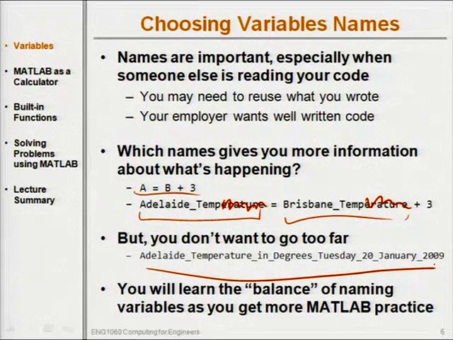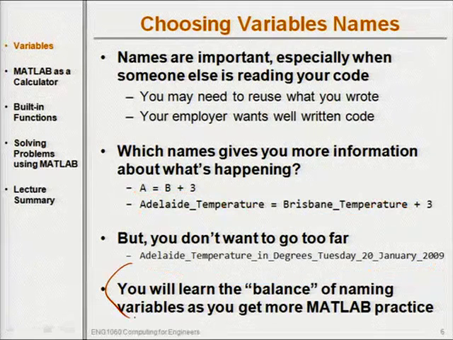So what is the right length of a variable name? Nobody knows. So you just get that in practice. As long as it makes sense, you get used to that as you write more code, and it makes more sense as to what to use.